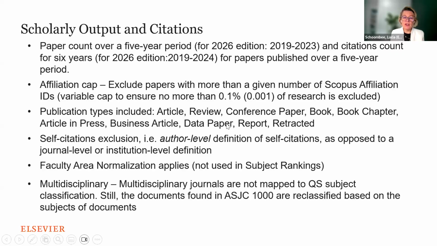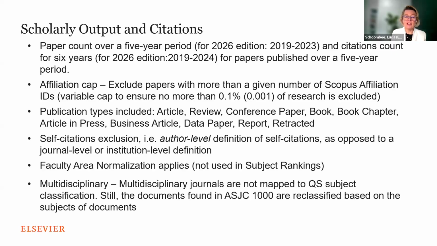Then it also has very specific publication types. So articles, reviews, conference papers, books, book reviews, articles in press, business articles, data papers, reports, and also retracted papers are also included. But they exclude self-citations. Self-citations exclusion on the author level.